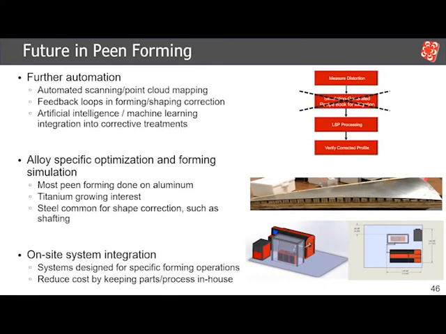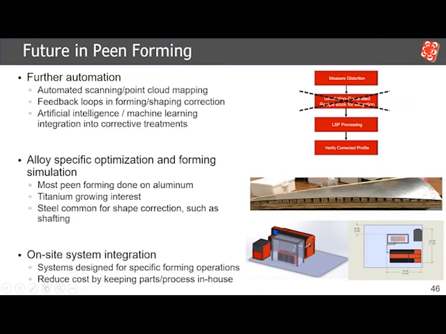Artificial intelligence and machine learning that are being incorporated into laser peening right now is an impressive field. There's a lot of work being done in optimizing laser peening. If that's not already incorporated into peen forming, it'll be there very soon. And it's something that we're internally working on developing as well.